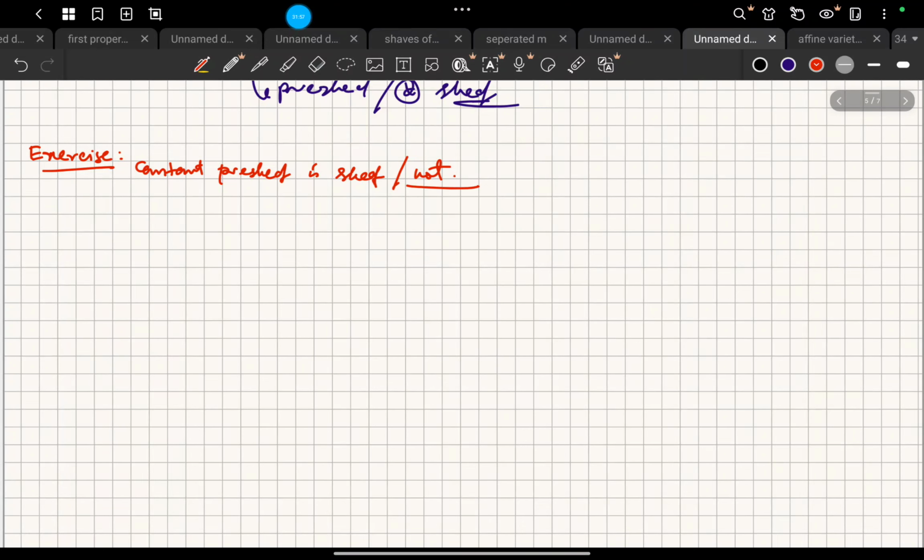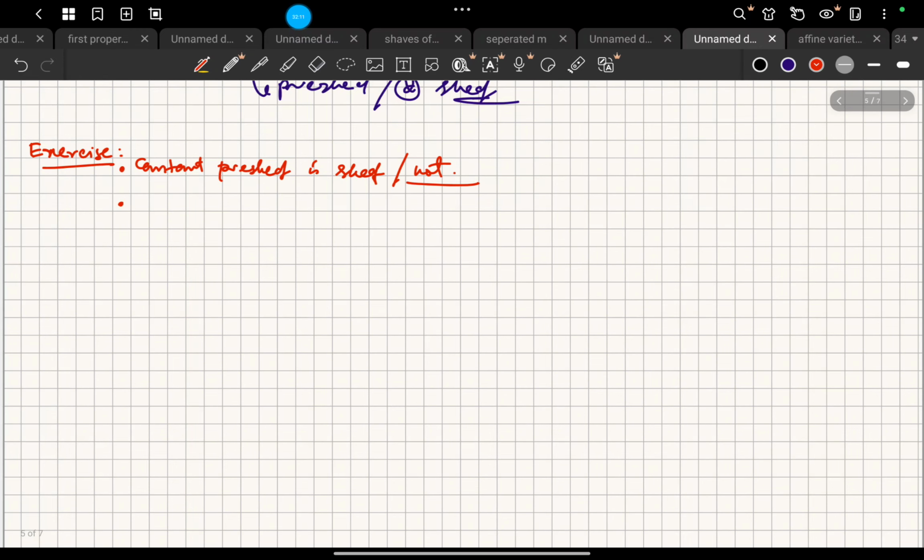And also check this: let us consider X a topological space, and I am defining small p belongs to X as a point.